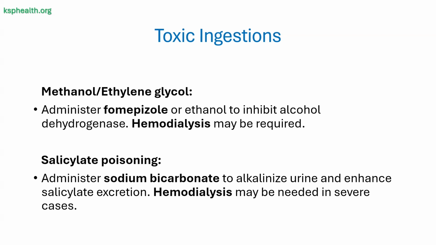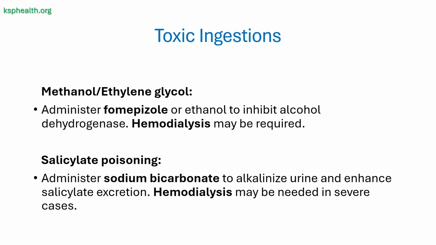If the methanol or ethylene glycol level is high, or they have severe disease or are unresponsive to fomepizole, I'll proceed on to hemodialysis. In some centers, they use ethanol because it competes with alcohol dehydrogenase. The issue with ethanol is it causes obtundation, so it is hard to tell whether altered mentation comes from toxicity or because of your treatment.